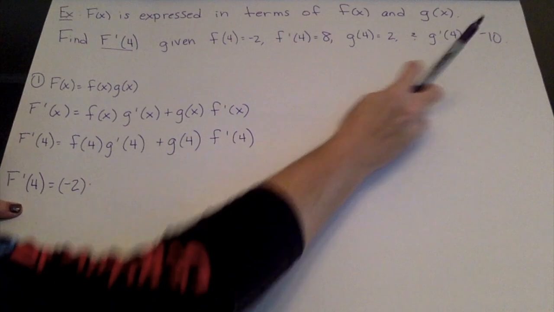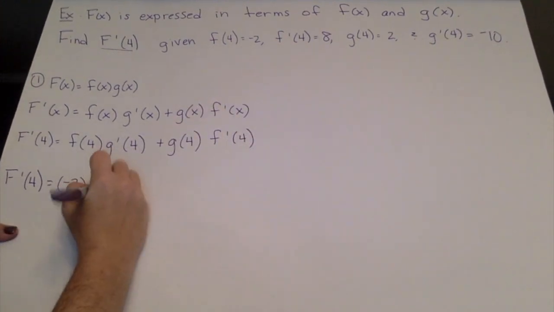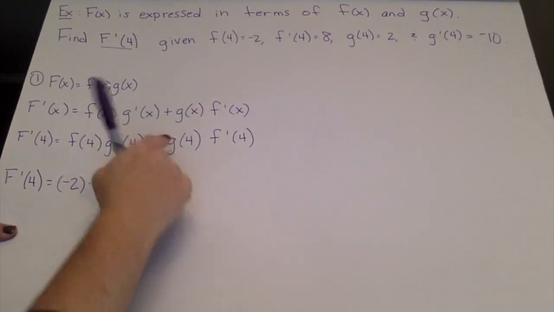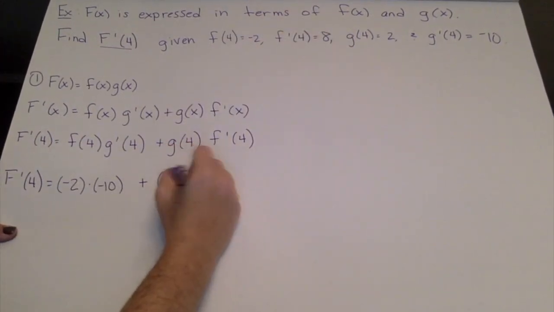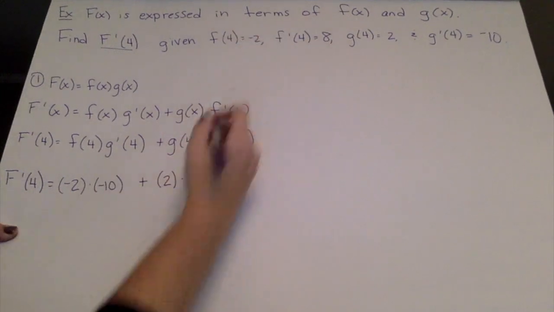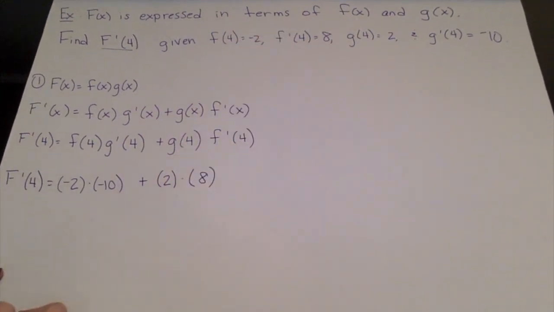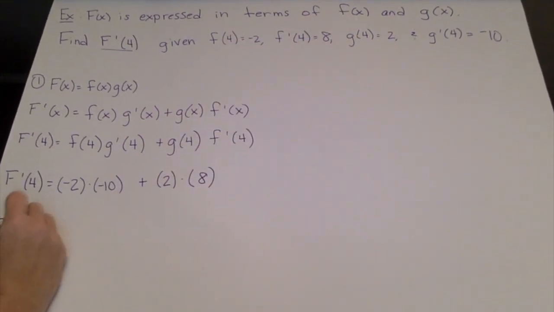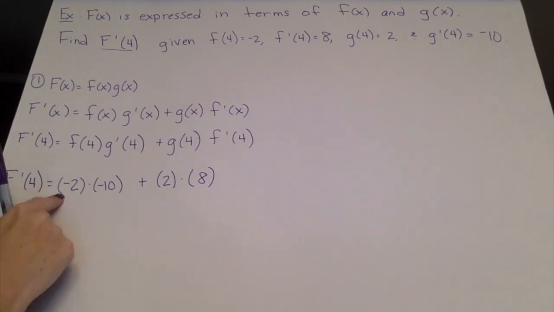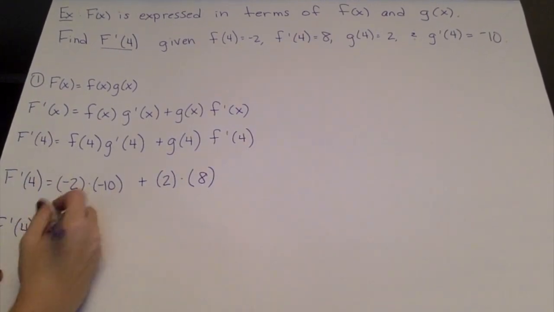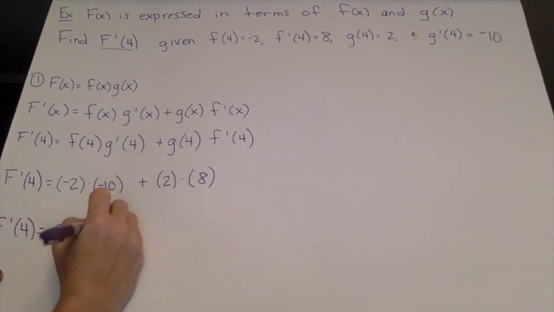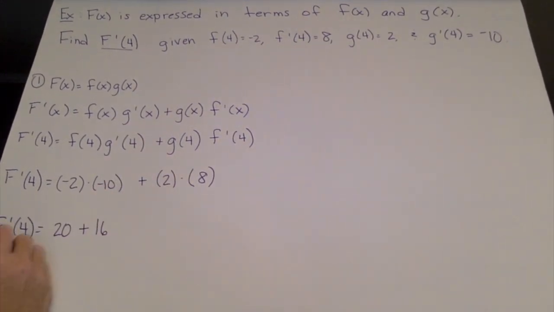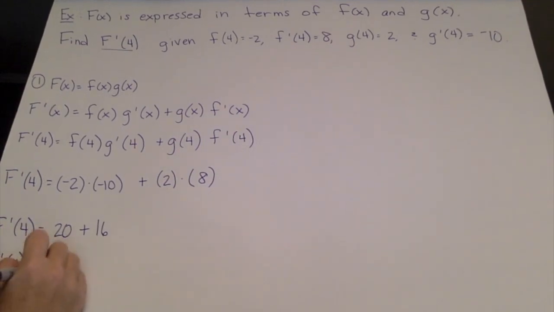G prime of 4 is negative 10. Plus g of 4, which is 2, times f prime of 4, which is 8. So f prime of 4 is negative 2 times negative 10, which is positive 20, plus 2 times 8, which is 16, or f prime of 4 is 36.